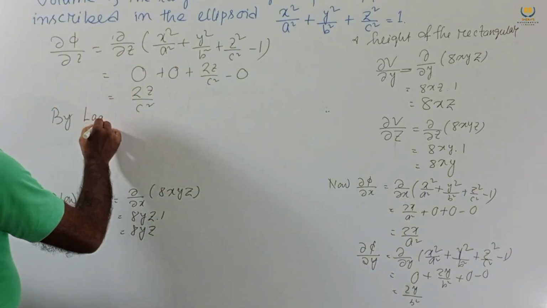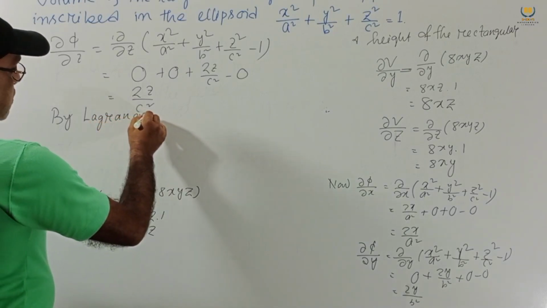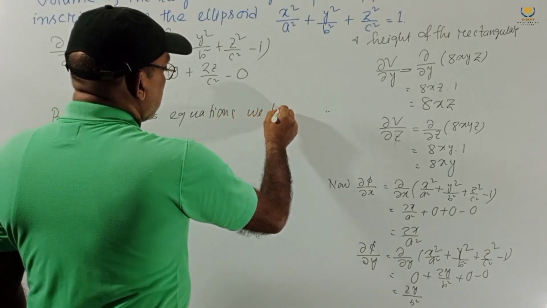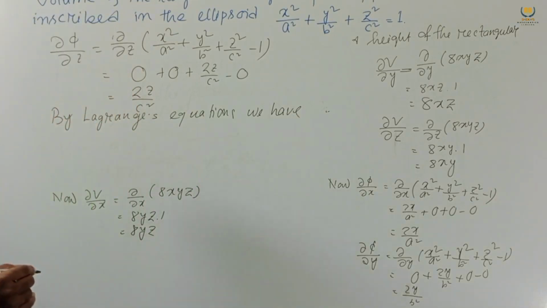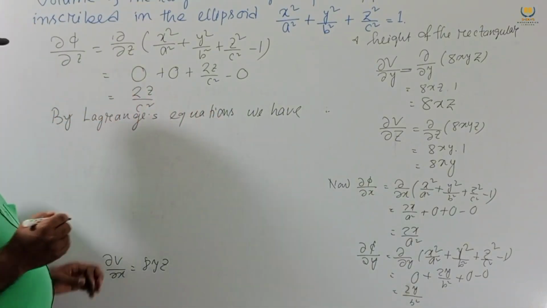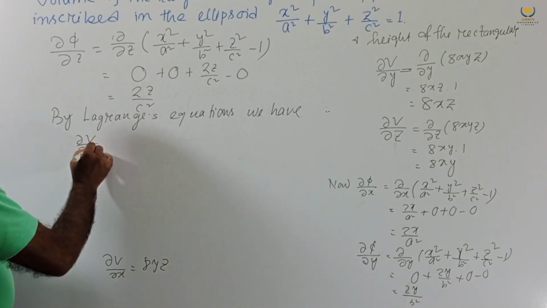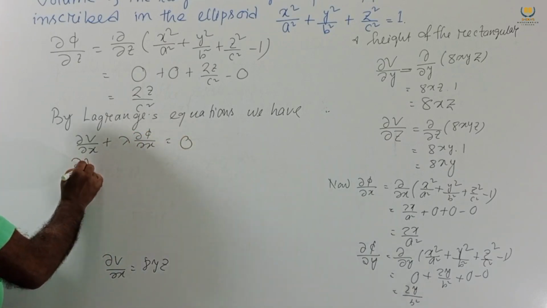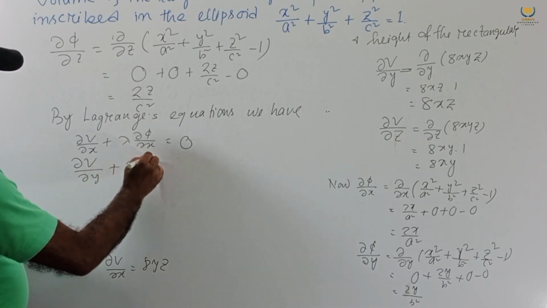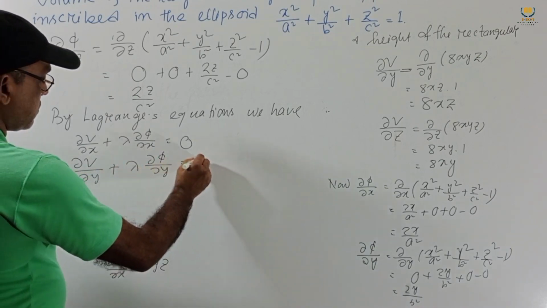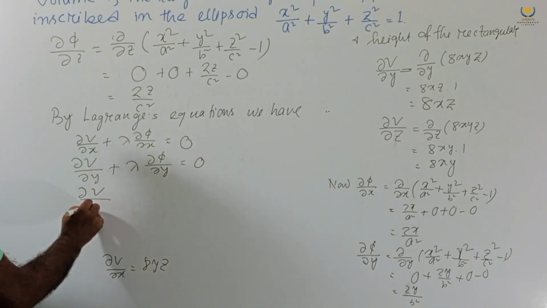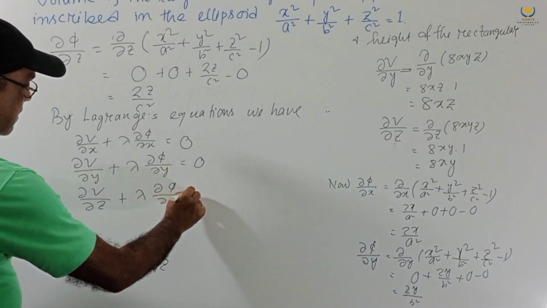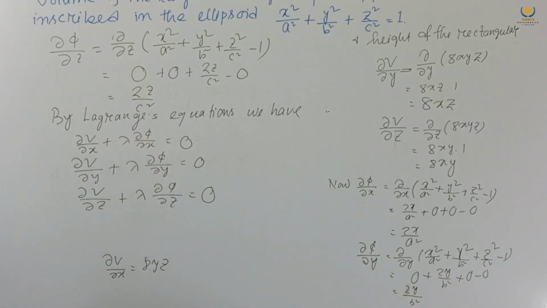By Lagrange equation we have del v by del x plus lambda del phi by del x equal to 0, del v by del y plus lambda del phi by del y equal to 0, del v by del z plus lambda del phi by del z equal to 0. We get this.